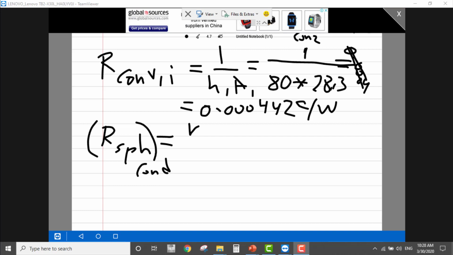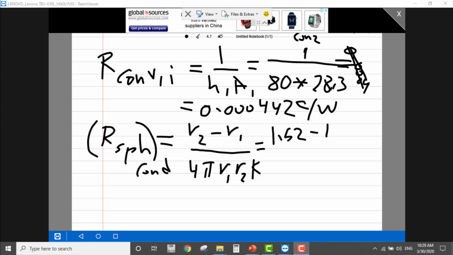R2 minus R1 divided by 4 pi R1 R2 multiplied by K. This is equal to 1.52 minus 1.5 divided by 4 pi multiplied by 15, the thermal conductivity, multiplied by 1.52 multiplied by 1.5.